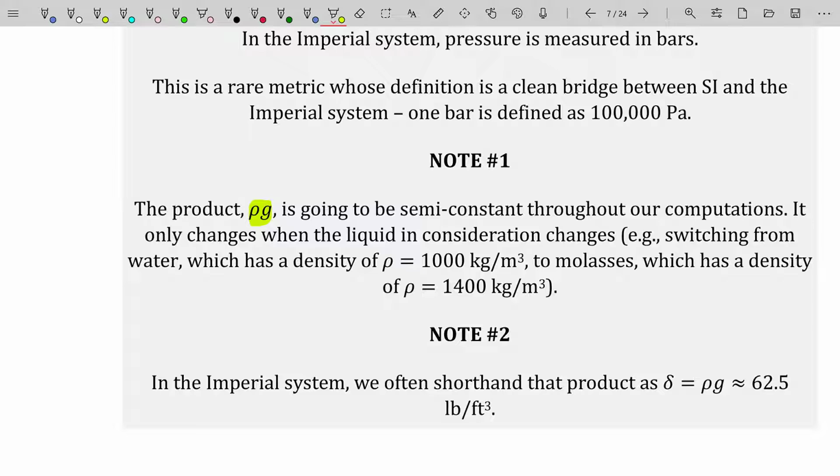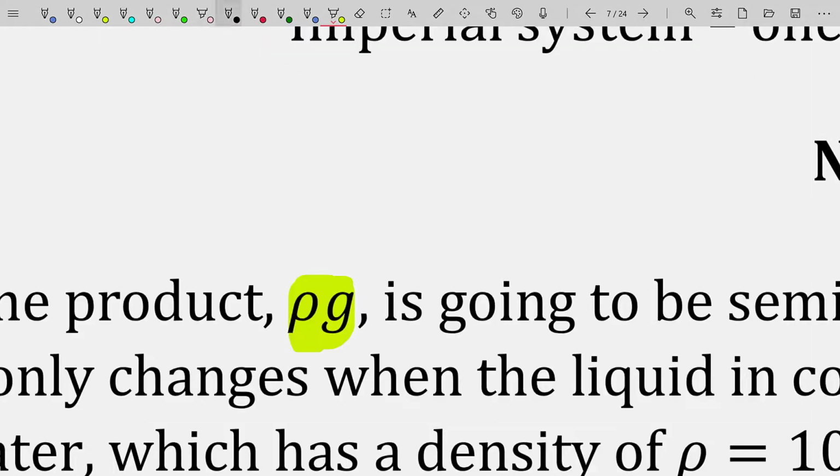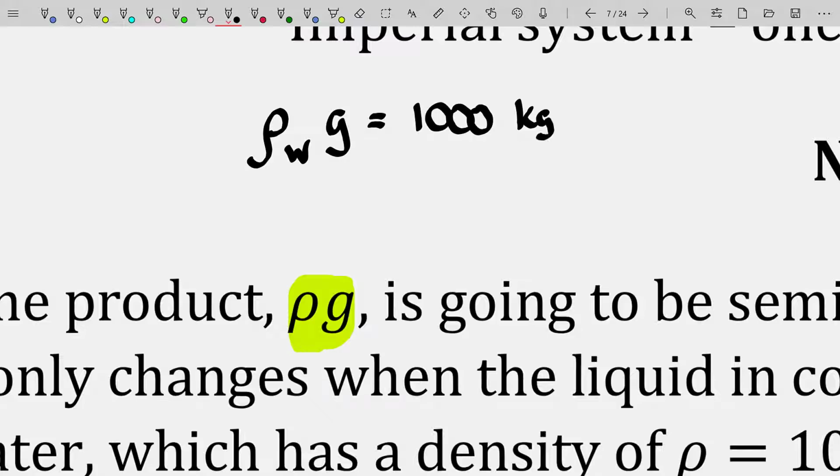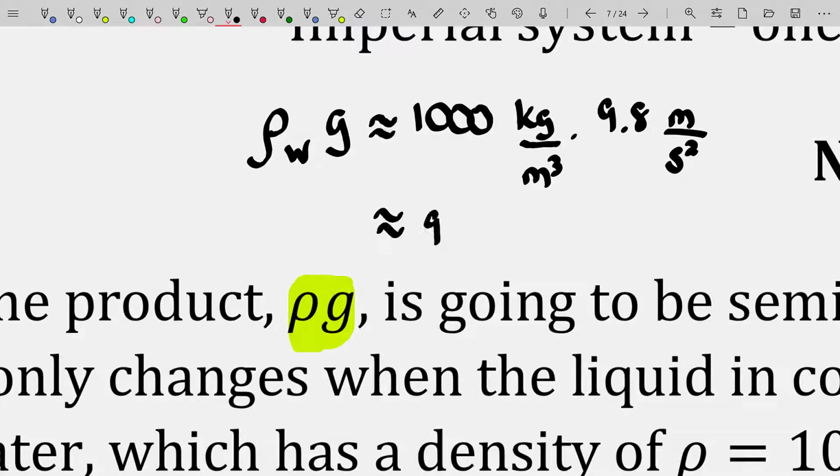That is, if you're constantly working in the metric system, and if you're working with water, then the density of water times gravitational pull, well, density of water is 1,000 kilograms per cubic meter, and acceleration due to gravity is roughly 9.8 meters per second squared. Well, that is 9,800 kilograms per meter squared second squared.